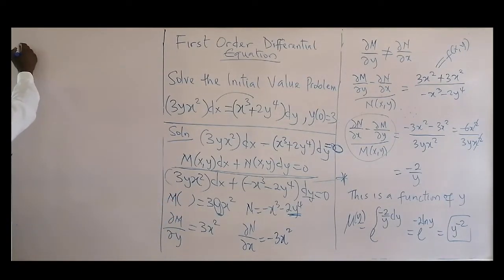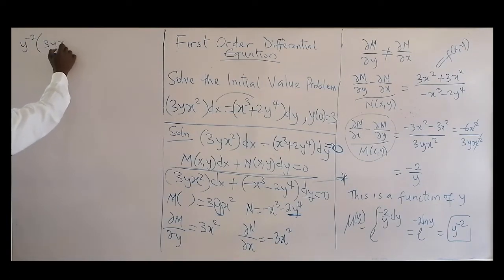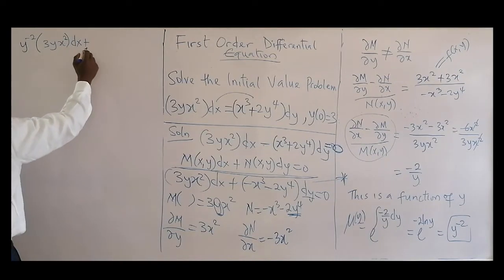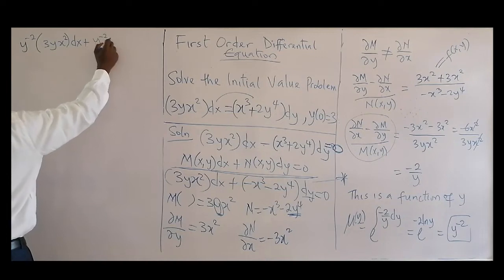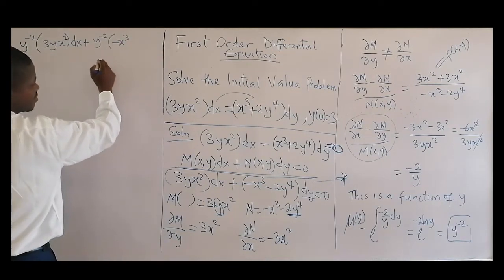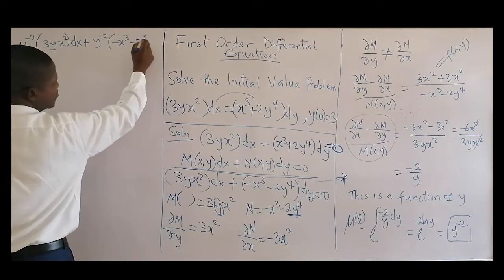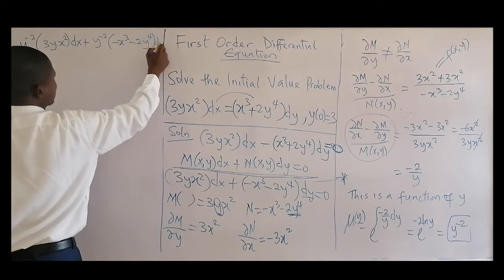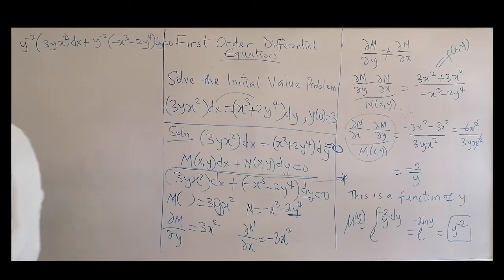So we now have y to the power minus 2 times 3y x squared dx plus y to the power minus 2 times minus x cubed minus 2y to the power 4 dy equal to 0.